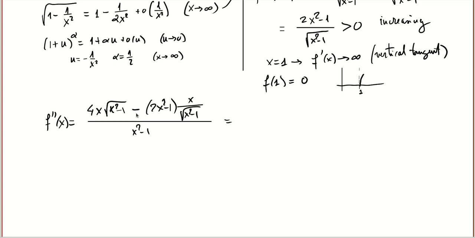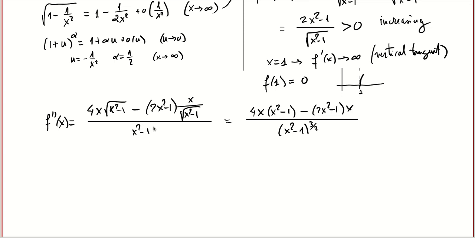If we multiply the numerator and the denominator by this square root, what we get is 4x times x squared minus 1 minus 2x squared minus 1 times x. And in the denominator we have x squared minus 1 to the 3 halves, which is the product of this square root and this.